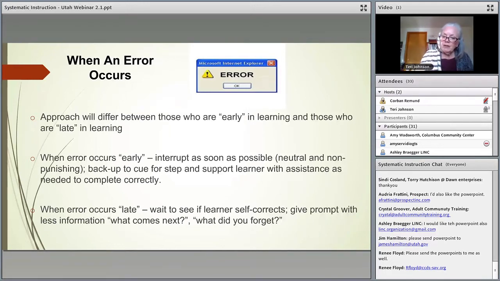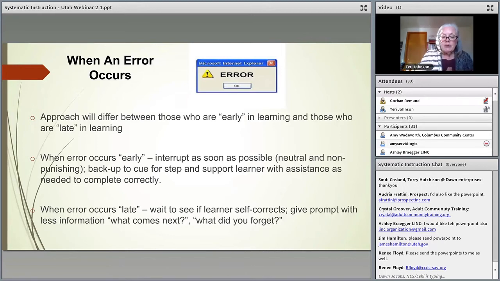It's like, oh, I didn't get all my supplies, I've got to go all the way back to get them. Or, oh, I left this step out of the task and therefore I can't complete it, so I've got to go back and correct. So there can be value to experiencing the consequence.